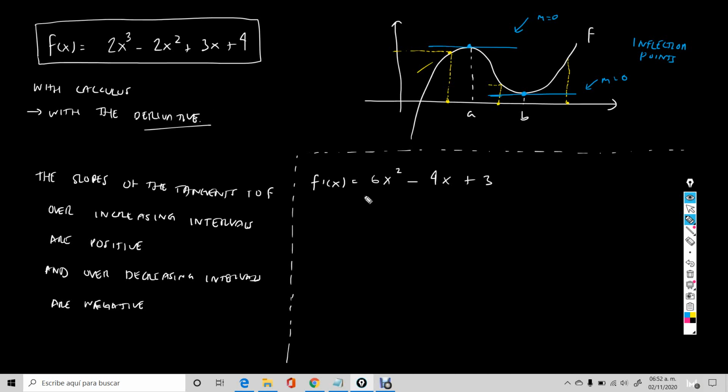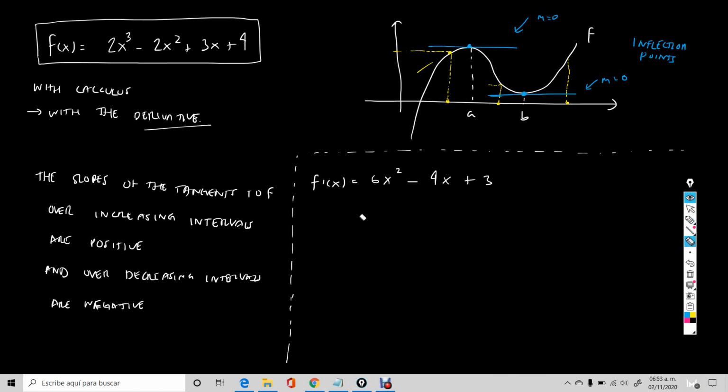And remember, the derivative tells you the slope of the tangent at the point x. So if you want to know, for example, the slope of the tangent at point (2, 1), then all you have to do is evaluate f prime of 2 and you get the slope of that precise point, the slope of the tangent.